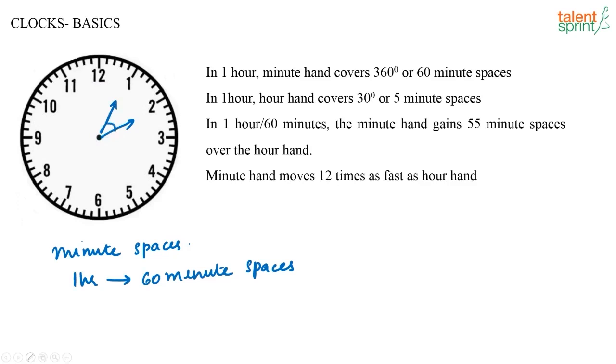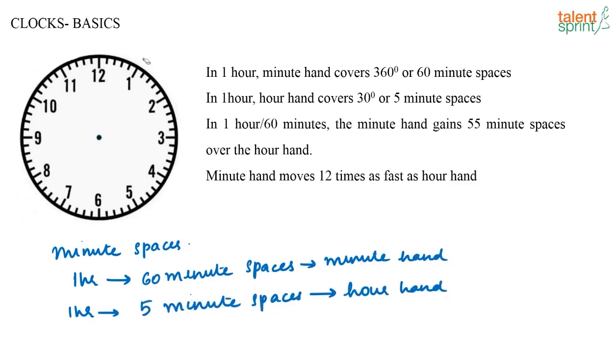This full clock has how many markings? 12 markings which are equally spaced, and we just said that the full circumference of the clock can be considered as 60 minute spaces. So this distance is how many minute spaces? 60 divided by 12, that is 5 minute spaces. So I can say that in 1 hour the hour hand will cover 5 minute spaces. So this is one way to look at it.